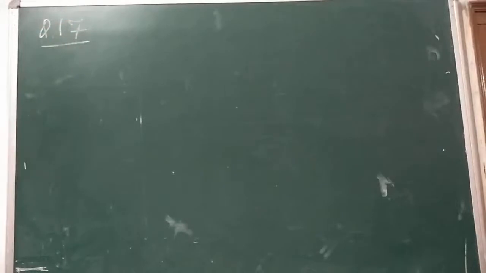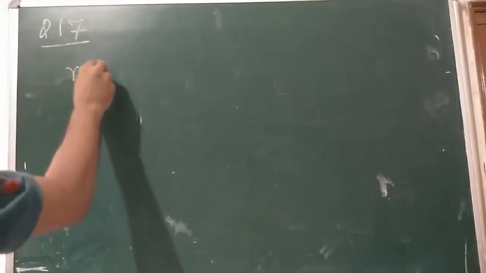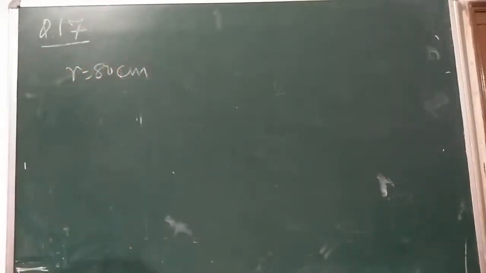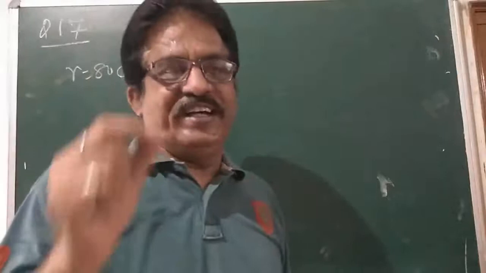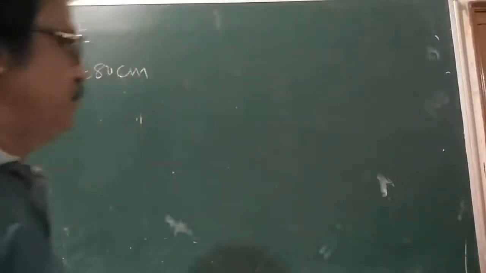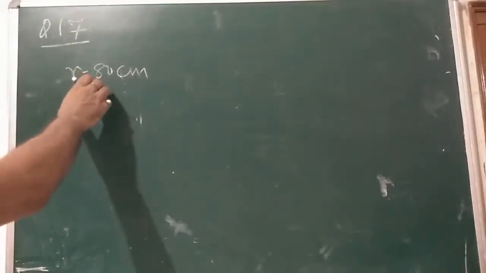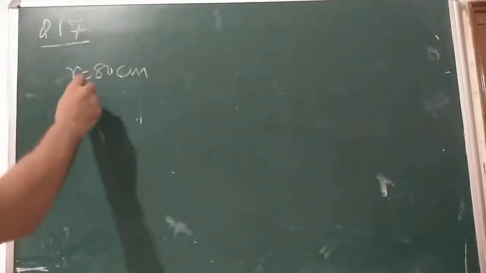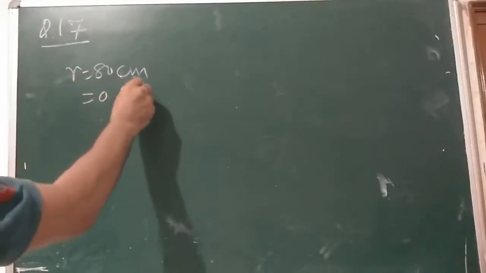Question number 17. A stone tied to the end of a string, say string length is R. R is equal to 80 centimeter, which is 0.80 meter. It is whirled in a horizontal circle with a constant speed.